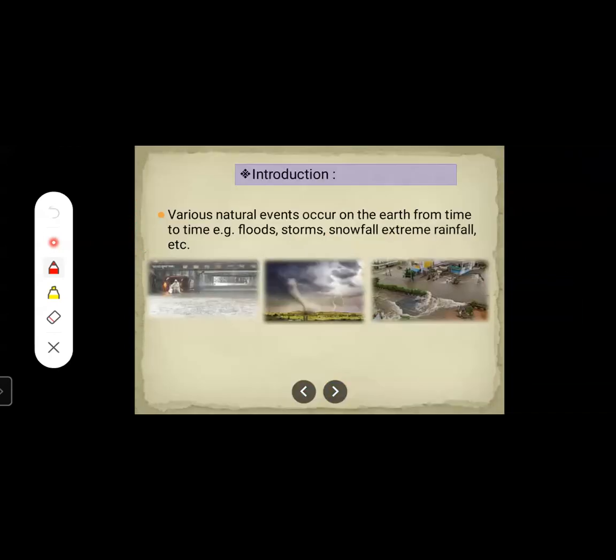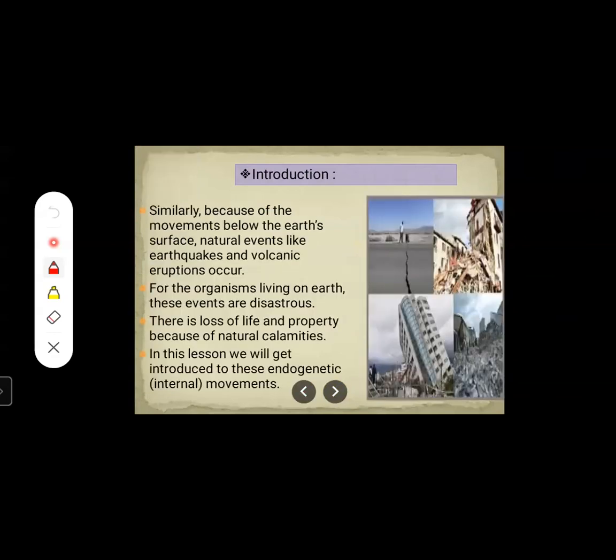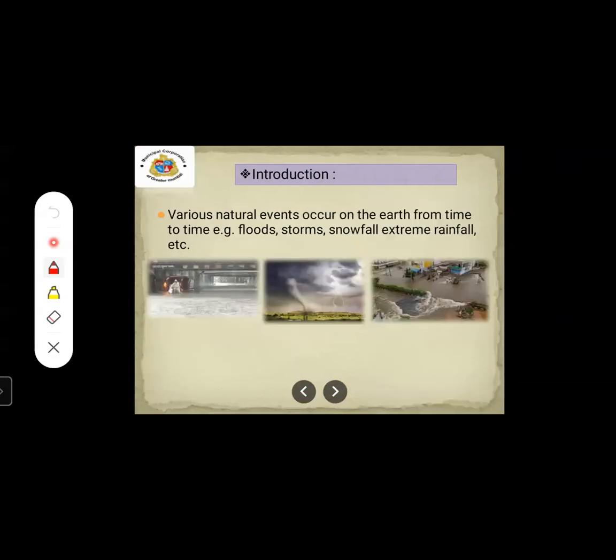Now see, after studying the interior of the Earth, which are the effects which can be seen on the Earth? See here, various natural events occur on the Earth from time to time.